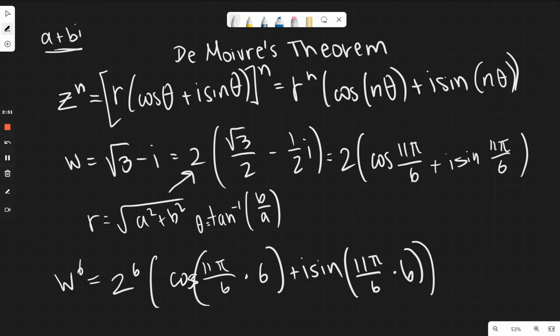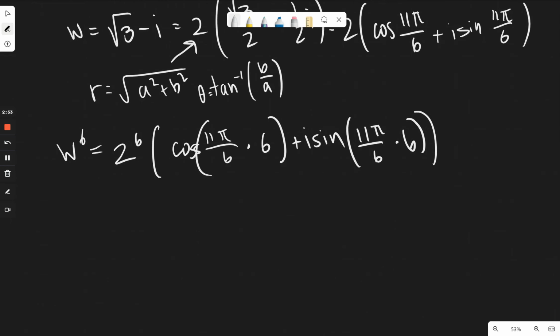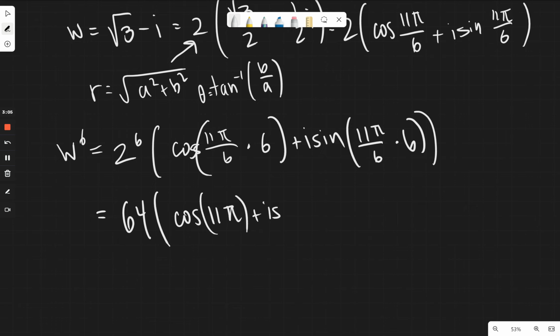All right, so this becomes 2 to the 6th, which is 64, times cosine of 11 pi over 6 times 6. So this is cosine of 11 pi plus i sine of, again, 11 pi.